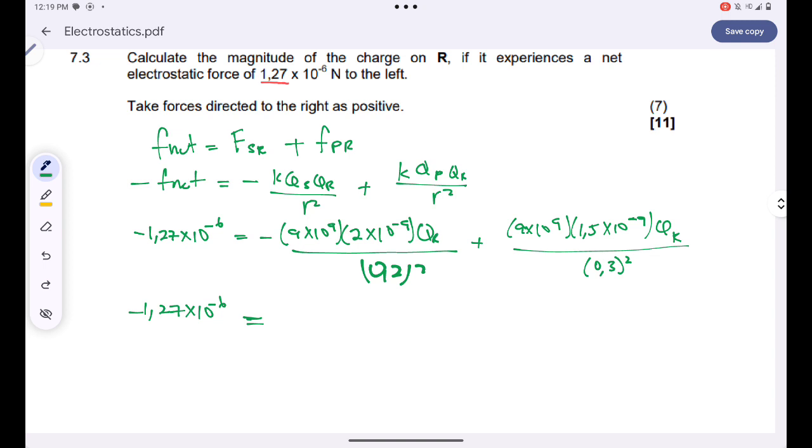Let me just punch the calculator. I want to find the value of this part over there. So I'll simply substitute 9 times 10 to the power 9 multiplied by 2 times 10 to the power negative 9 all over 0.2 squared.